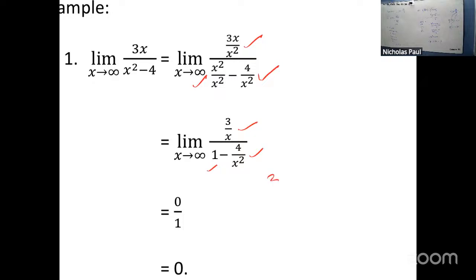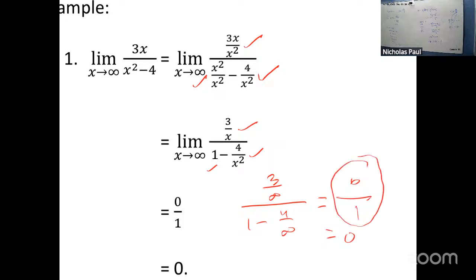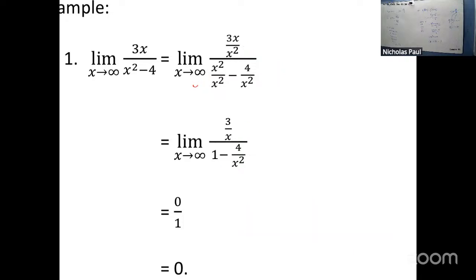When you plug in infinity, you get something nice like 0 over 1, which is 0. Question: is 0 over 1 indeterminate? No, because the answer is 0. Very good, very good.